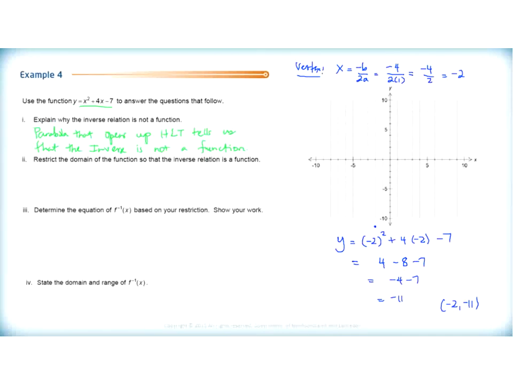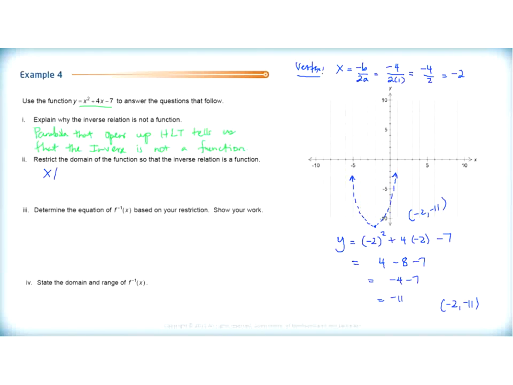All I need to do is take either the left side or the right side of this function, and the inverse will be a function. So the parabola looks like this, and I'm not going to be real particular about the parabola, but we know it looks something like that, with its vertex located at -2 and -11.